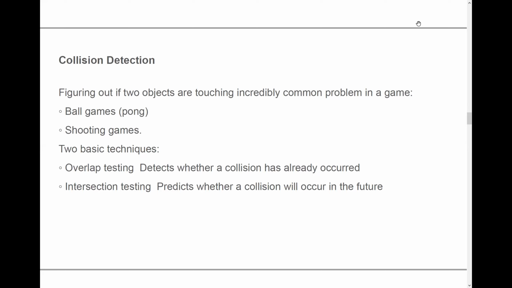To do this, we have two basic techniques. The first one is the overlap testing technique, which detects whether a collision has already occurred or not. The other one is intersection testing, where it predicts whether a collision will occur in the future. So these are the two techniques that we have. Overlap, which checks if it has happened already, and intersection, which checks if it will happen in the future.